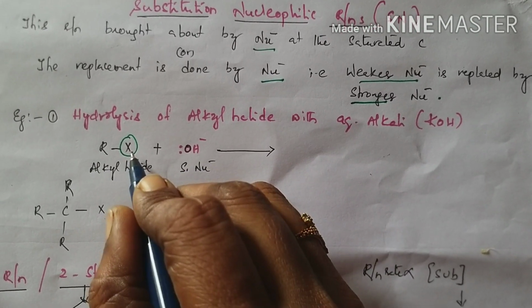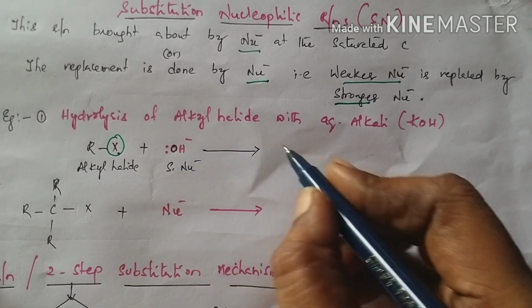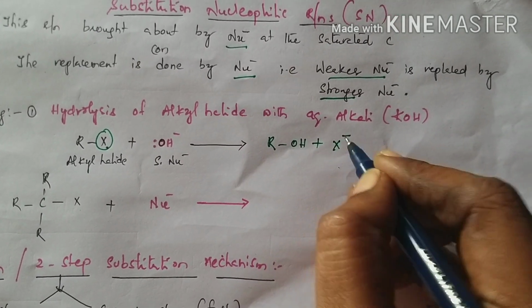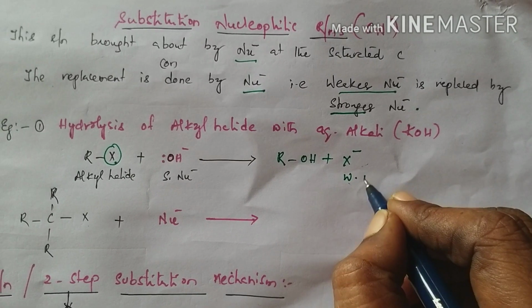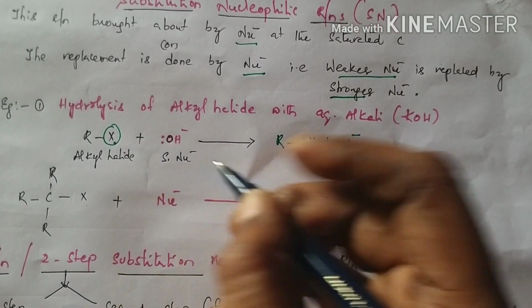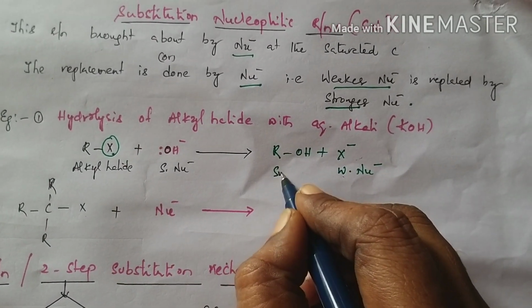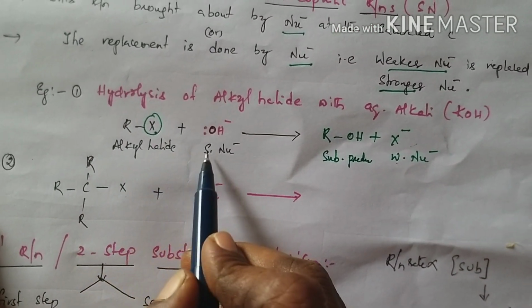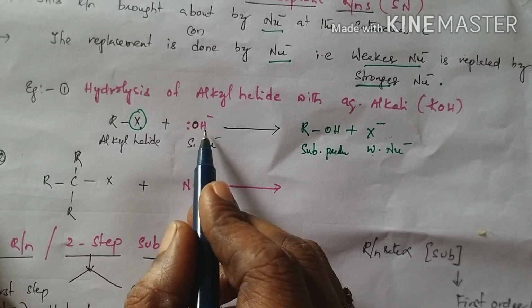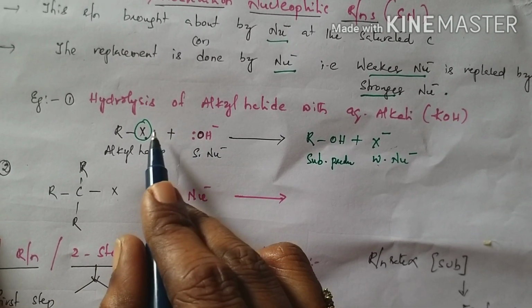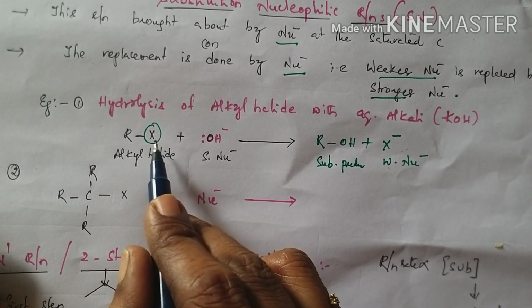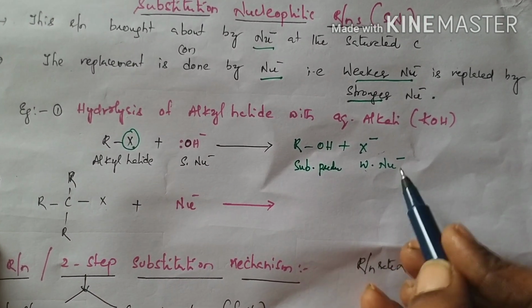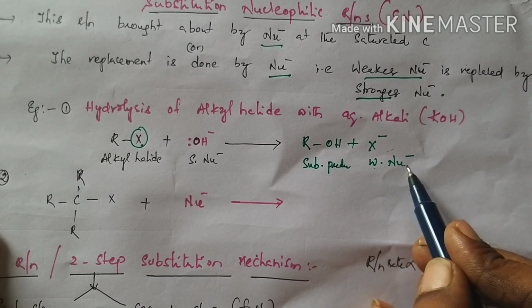So the weaker nucleophile X is replaced by OH minus, hence we get ROH plus X minus. X minus is the weaker nucleophile, OH minus is the stronger nucleophile, and ROH is the substitution product. So the alkyl halide reacts with a stronger nucleophile like OH minus, which replaces the halide group X. It produces a substitution product like ROH with liberation of the weaker nucleophile.